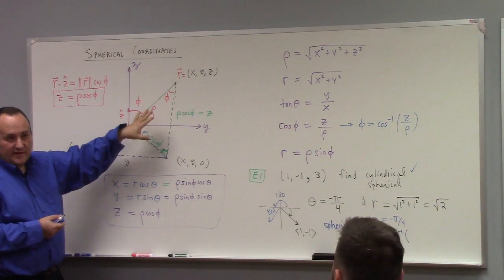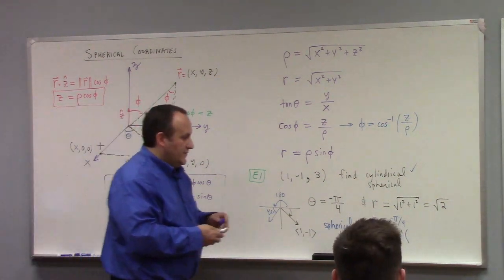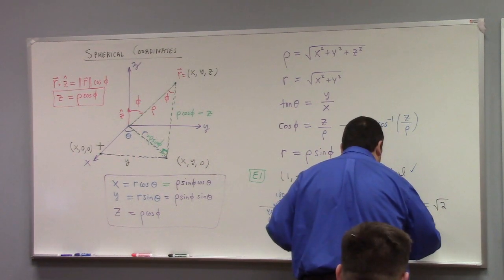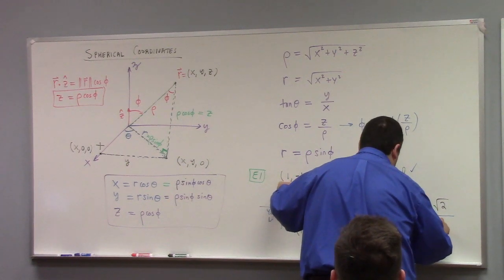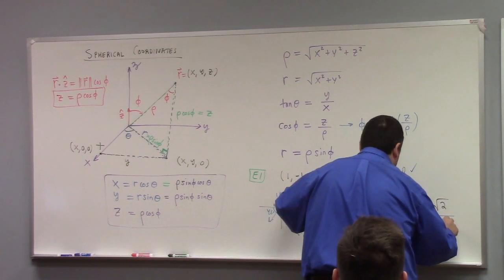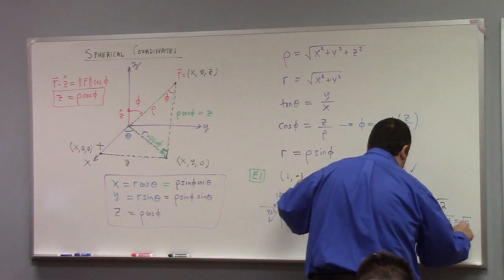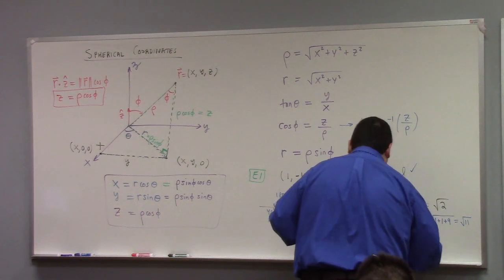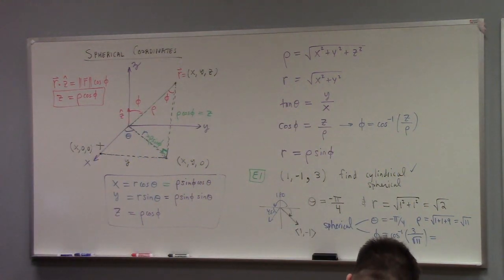It's just inverse cosine of z over rho, which in this case is 3 over what? Oh, I need to find rho. Rho is the square root of 1 squared plus 1 squared plus 3 squared, which is 9. So rho is the square root of 11. So we've got 3 over square root of 11. And this is why you need a calculator.